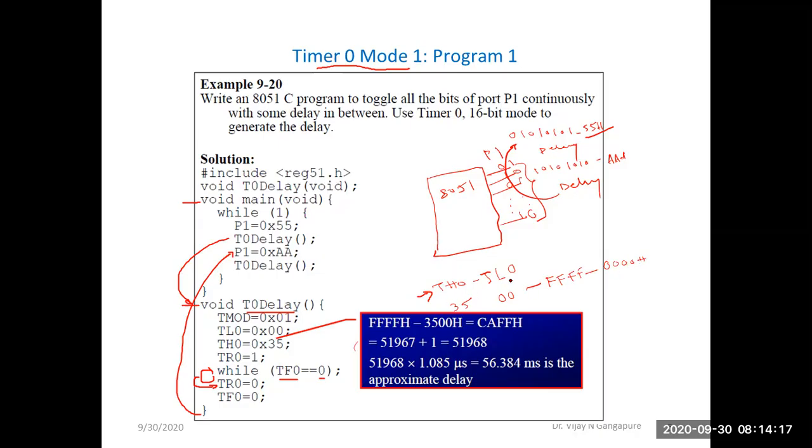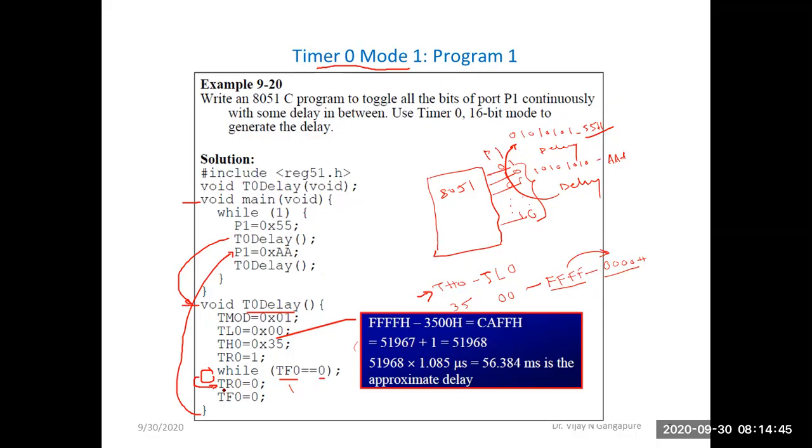All ones means this is 16 bit. So F means 1111, so all 16 bits are 1, means the count is rolling over from all ones to all zeros. When this happens, the TF0 flag bit becomes 1, and it will come out of the loop and go to the next statement.